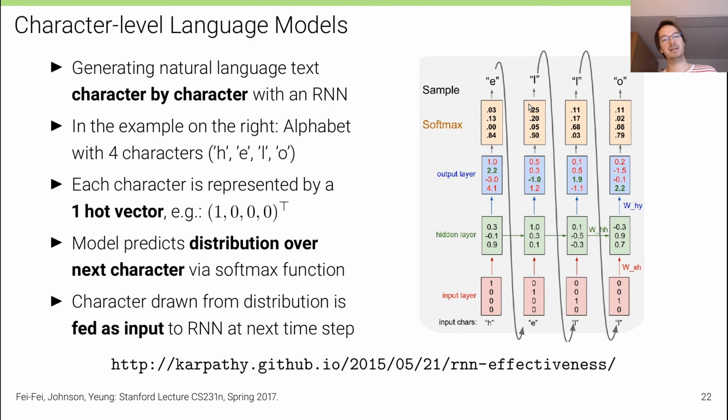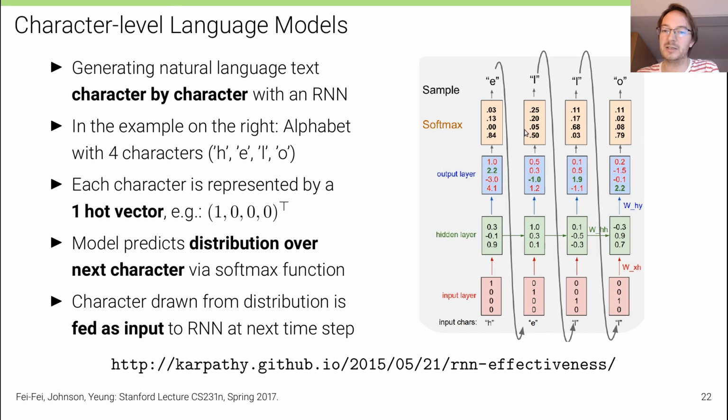And then we can sample from this model, as I've also mentioned before, very easily by drawing from the distribution. For instance, in this case, with 50% probability, we would be drawing an L here, with 5% probability, we would be drawing some other character, etc. And then we can take the character that we have drawn from this distribution and input it as a one-hot encoding to the next time step.